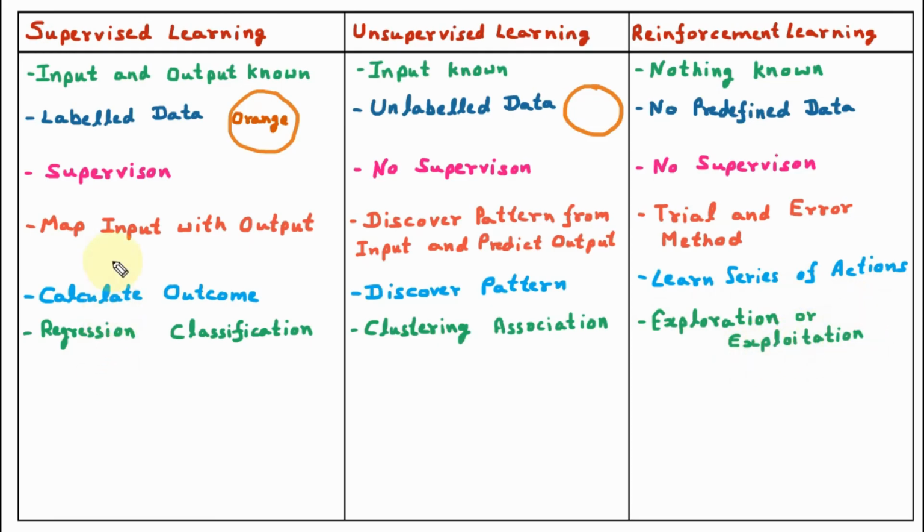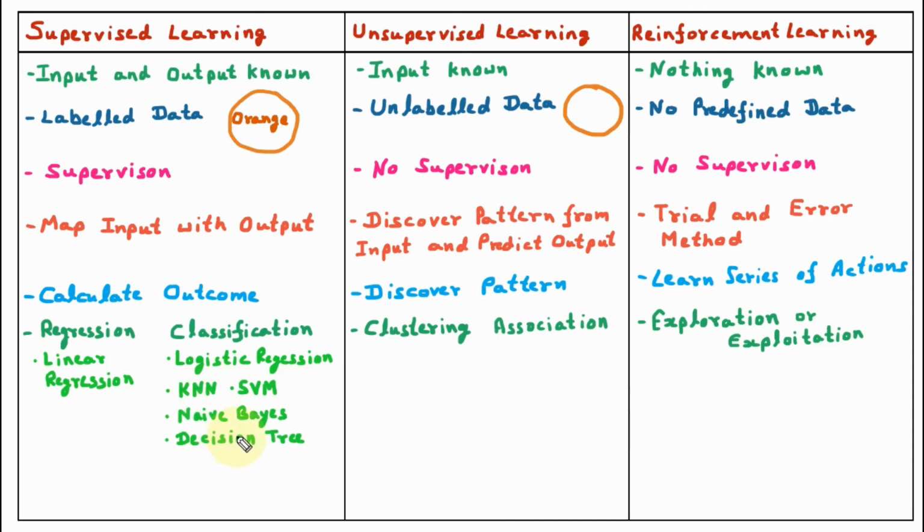In supervised learning, to solve the regression problem, we have algorithms like linear regression. To solve the classification problem, we have algorithms like logistic regression, k nearest neighbor, also called KNN, support vector machine, also called SVM, naive Bayes classifier, decision tree, and random forest.